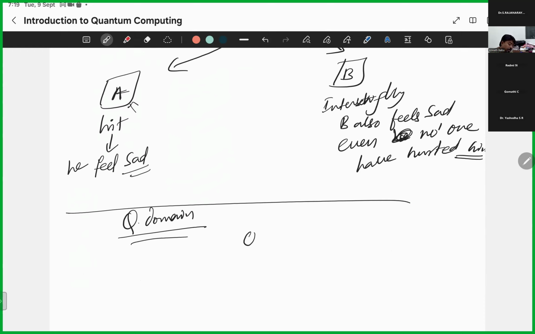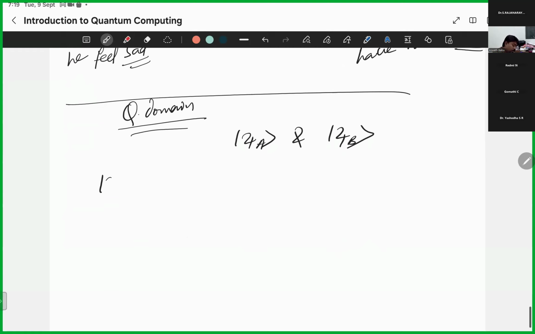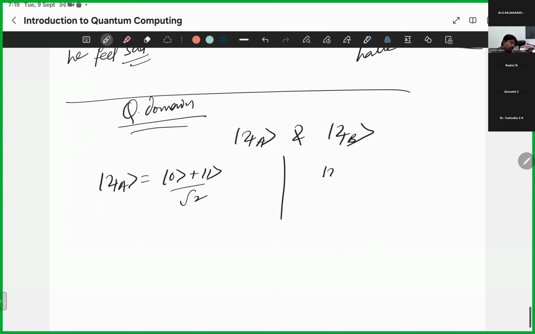Let's take qubit A and qubit B and put them together. Let's say both are in equally probable states. Qubit A is 0 plus 1 divided by square root of 2. Qubit B is 0 plus 1 divided by square root of 2.